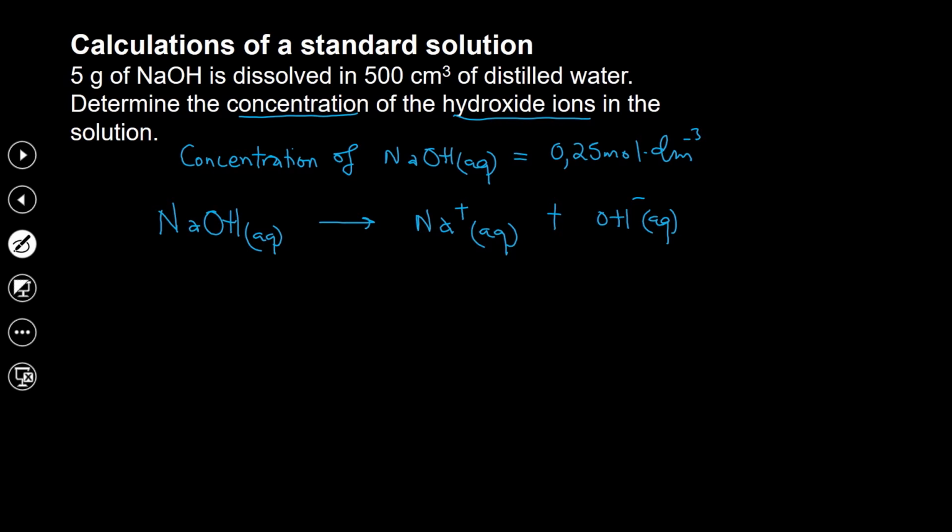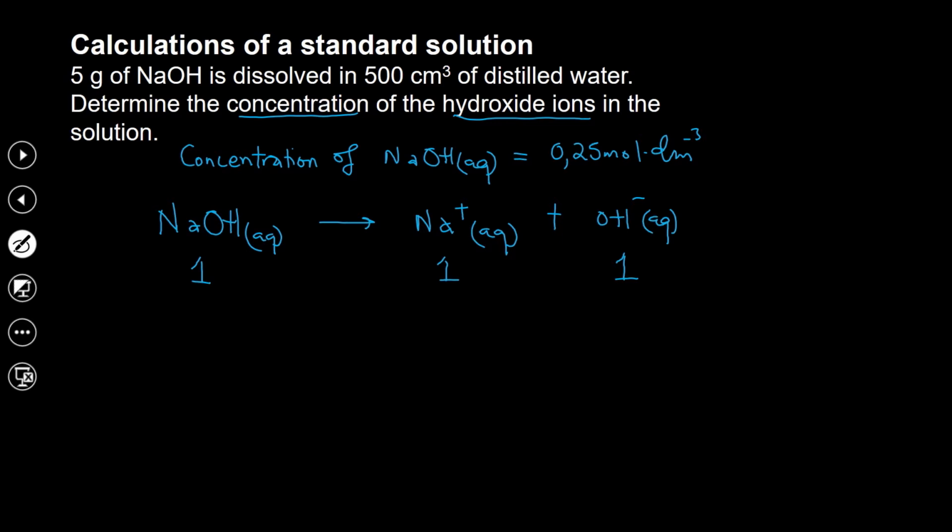Remember, this is an aqueous solution, so the stoichiometric ratio for this dissociation, or the breaking down of this ionic substance, is 1 mole of sodium hydroxide gives us a mole of the sodium ion as well as a mole of the hydroxide ion. So the ratio is 1:1:1.